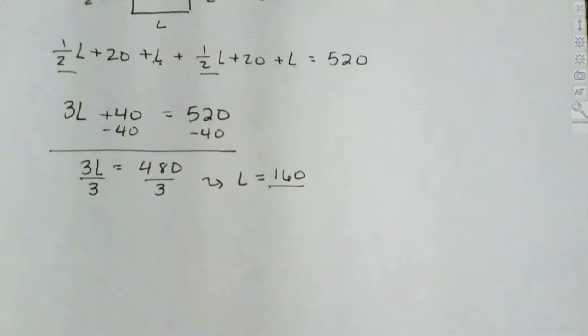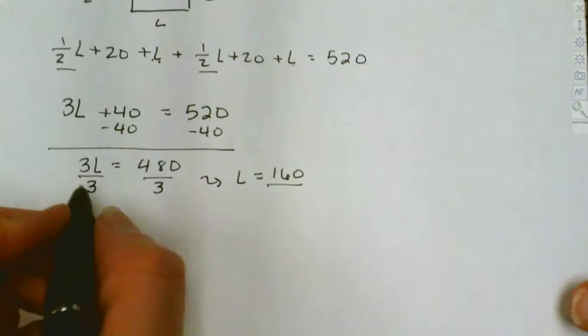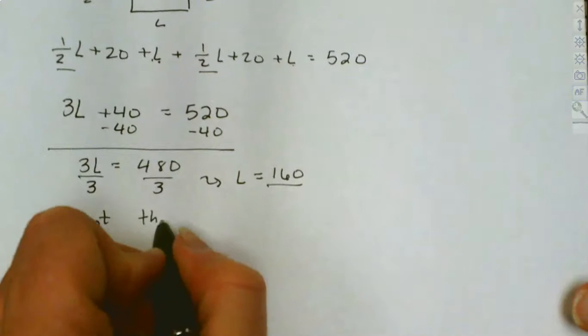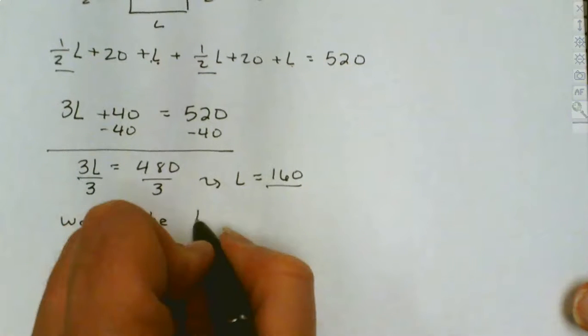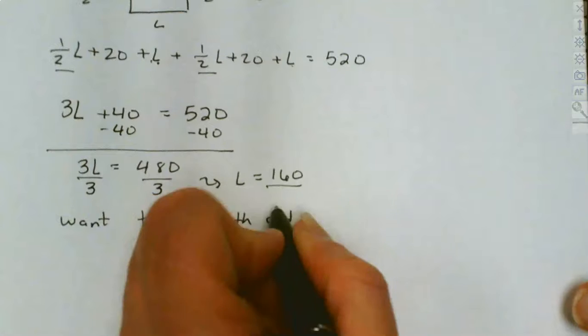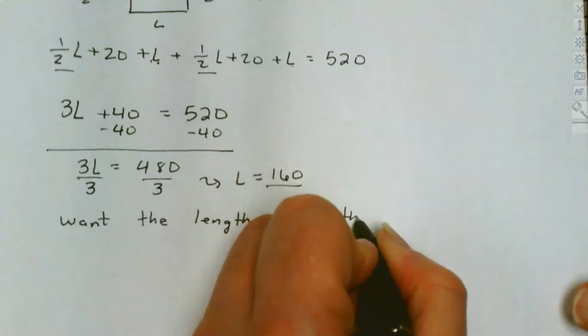Now we need to make sure we completely answer the question, because this may or may not be our final answer. And it's not, because it says, what are the dimensions of the original base? So we want the length and the width. We have to find both.